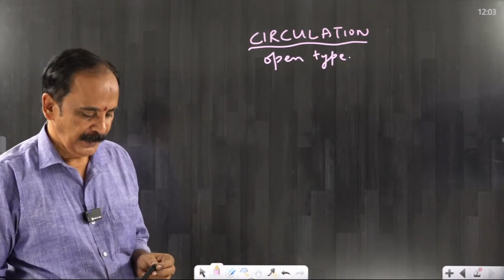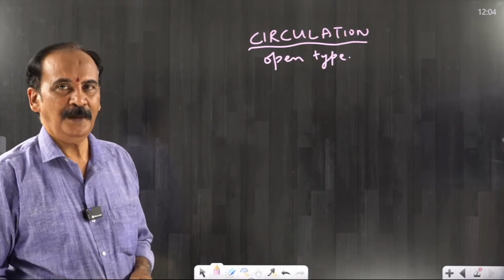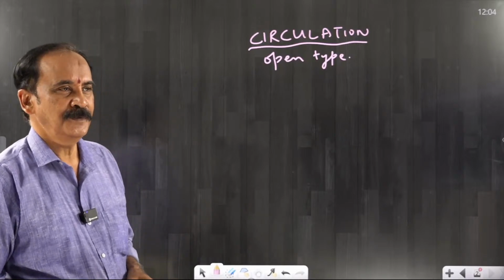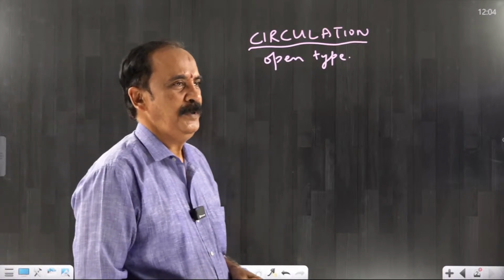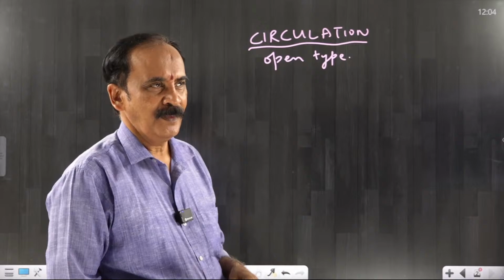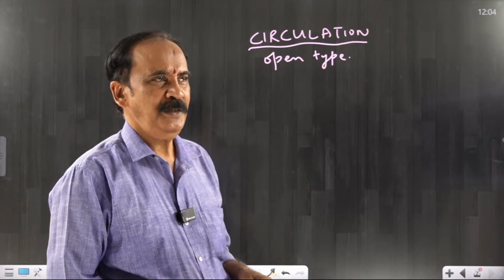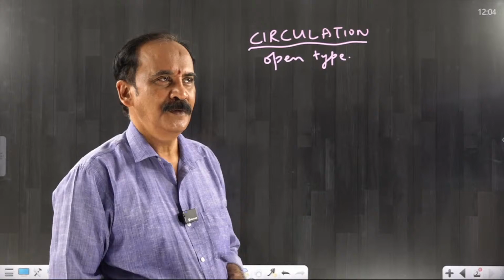What do you mean by open type? Absence of blood vessels is open type. What do you mean by open type of circulation? Open type of circulation means absence of blood vessels is open type, right?